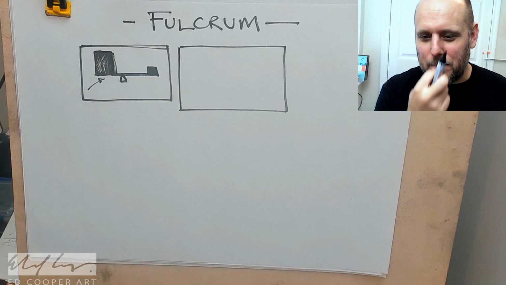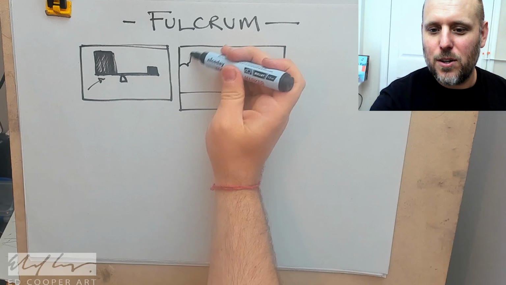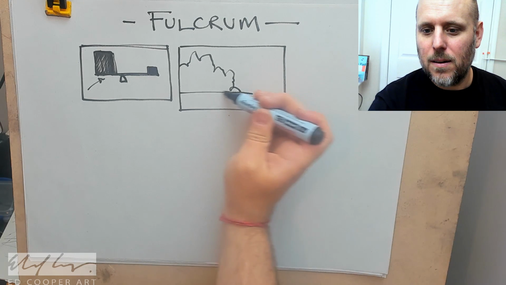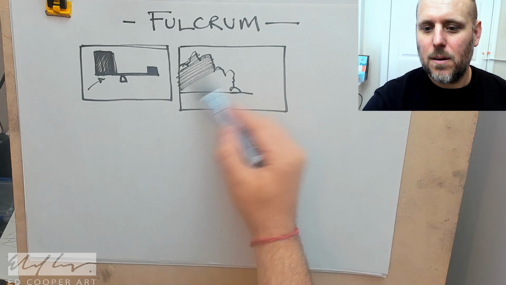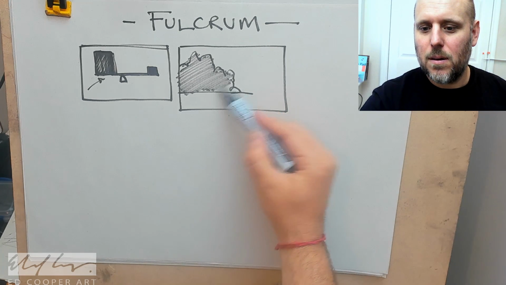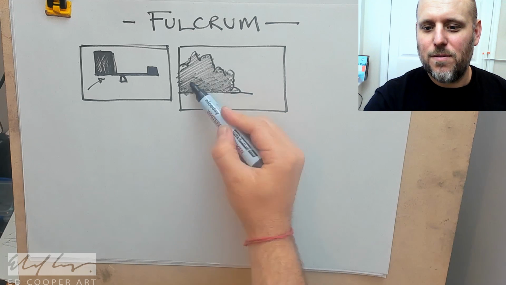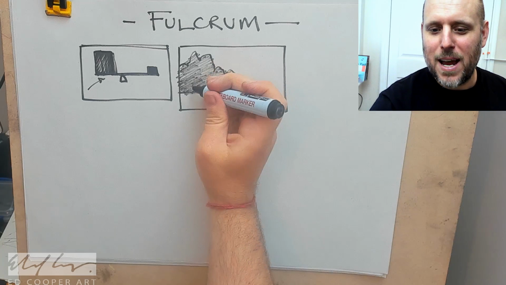Okay, so let's say we have got a tree line like that. And we'll just imagine this is some sort of foresty area. But that's our large mass.